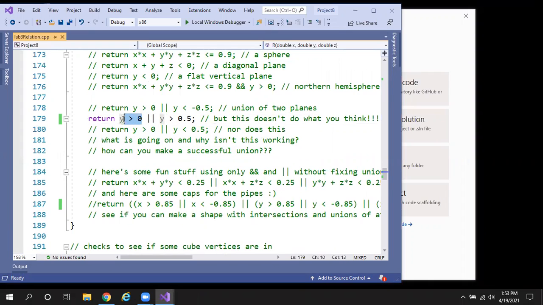We expected the relation y greater than 0 to create a plane on the xz plane at the intersection of y equals 0, and another one halfway up. But there wasn't. And it doesn't have to do with the short circuit for OR. That's not quite right. Any other ideas?